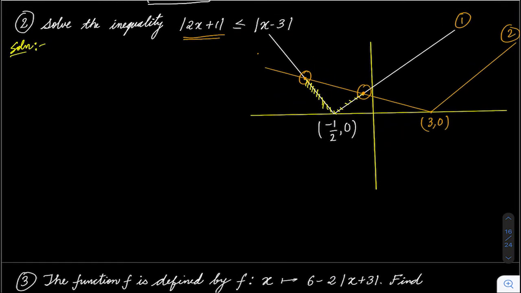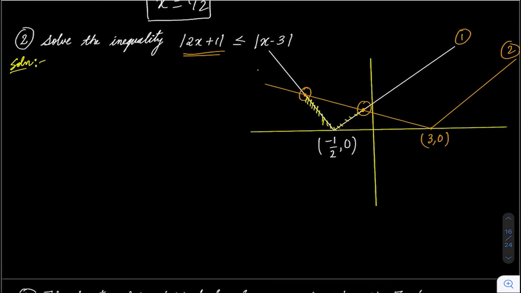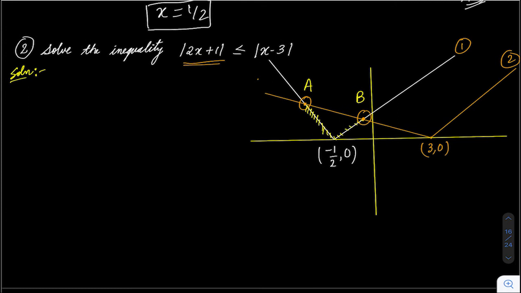So let's quickly find this. Okay. So first, again, the same thing, we need to find these 2 points. So basically, we need to find the x coordinates. So this is a rough diagram. So let's find first. So at A, we can see this line is minus of 2x plus 1. This line is 2x plus 1. This is x minus 3.